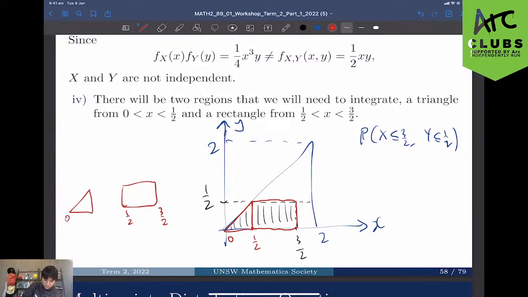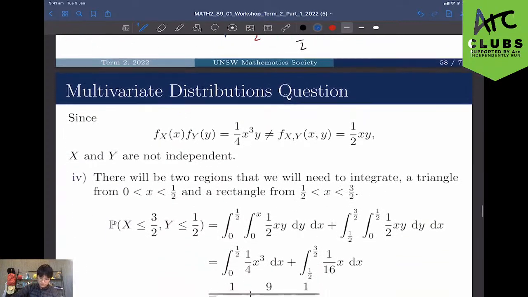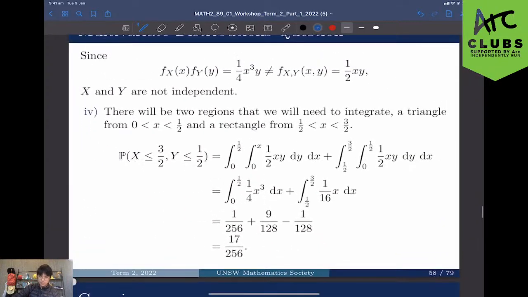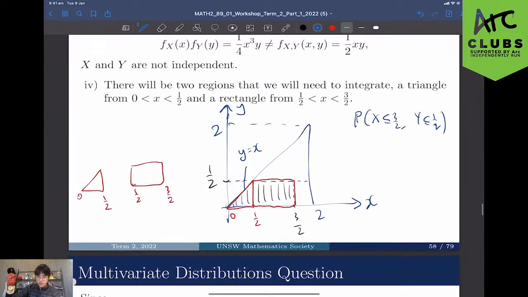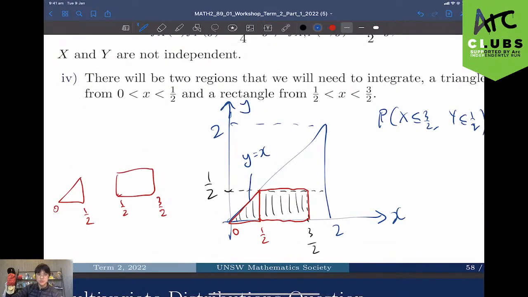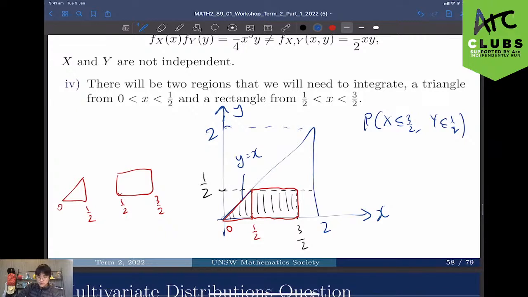Remember that this equation here is y equals x. So we're just going to have to do double integration to find the volume under these two regions.